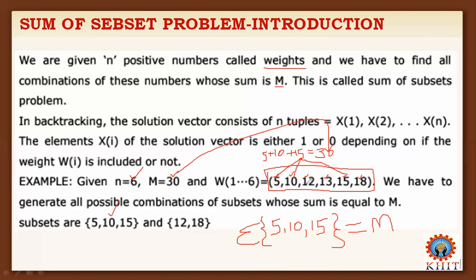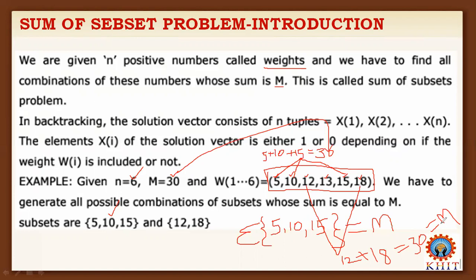And one more solution is, if you select the weights 12 and 18, and apply the sum of these subset values, 12 plus 18, you will get the sum 30. That sum 30 is equal to the capacity, that is m.